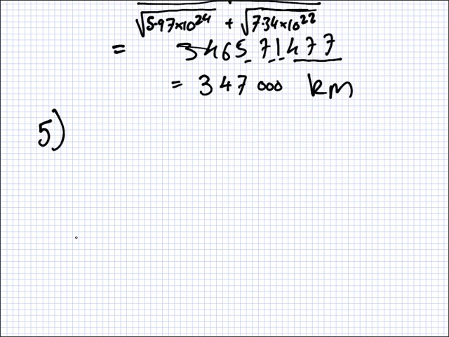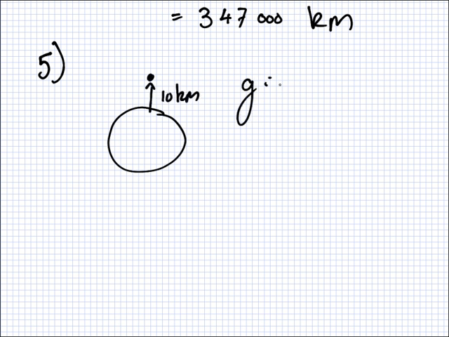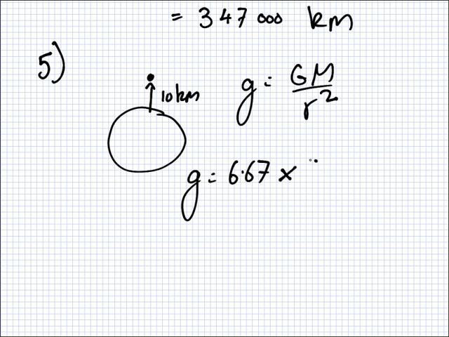What's number 5, Matt? What is the gravitational field strength due to the Earth on a plane which is 10 km above the surface of the Earth? Okay, so here you are. You're 10 kilometers above the Earth and you want your g, which is GM over r squared. So that's equal to 6.67. What's the mass of the Earth? 5.97 times 10 to the 24.